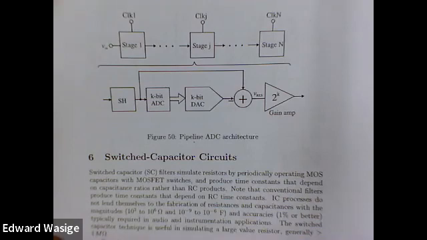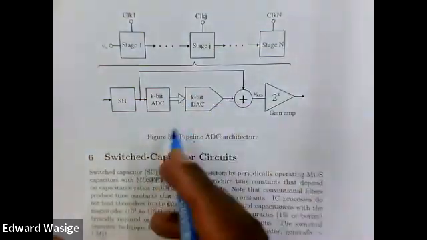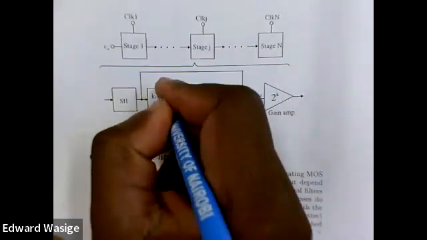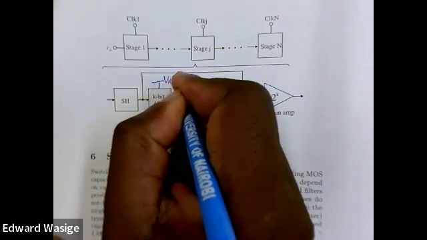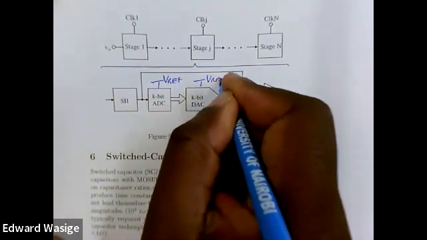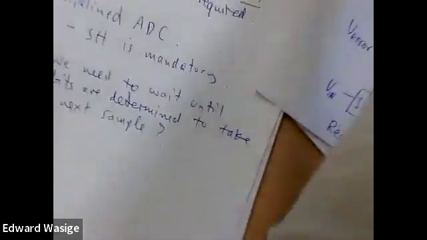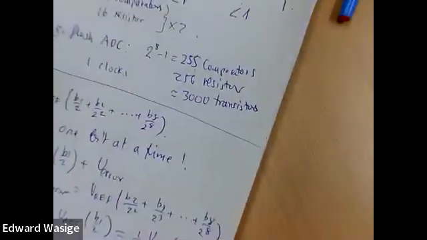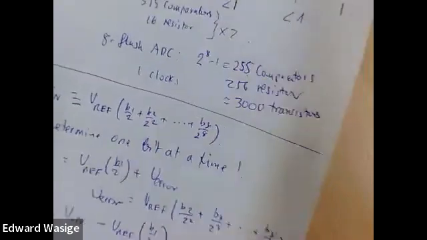I'll probably answer the question about the reference voltage before we go back to my question. So when we do the conversion here, we use the same reference voltage. And that's because, this is where we started.